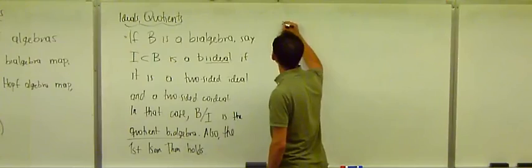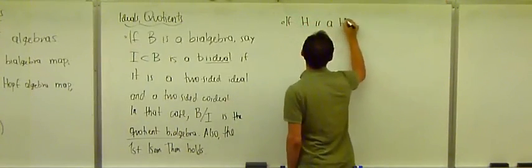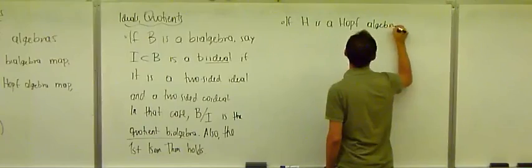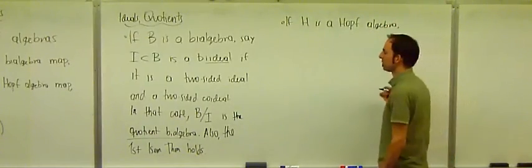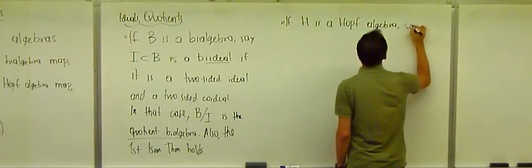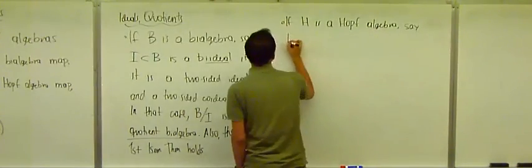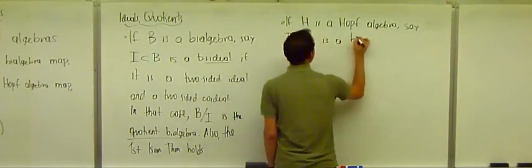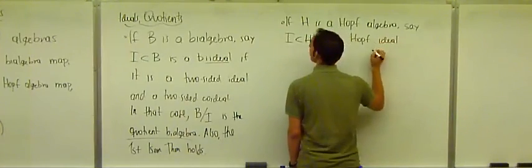Now, let's say that we have a Hopf algebra, and we want to define what it means to be an ideal in that context. So we take some subset I of H, and we're going to say that this is a Hopf ideal if what?